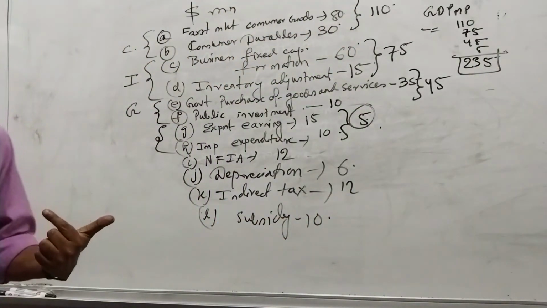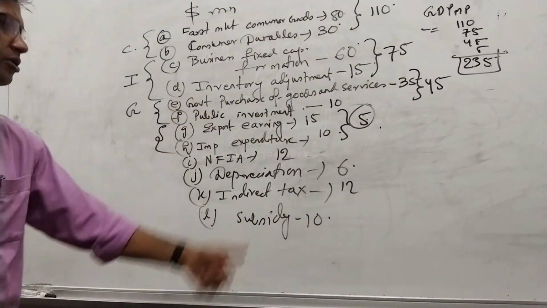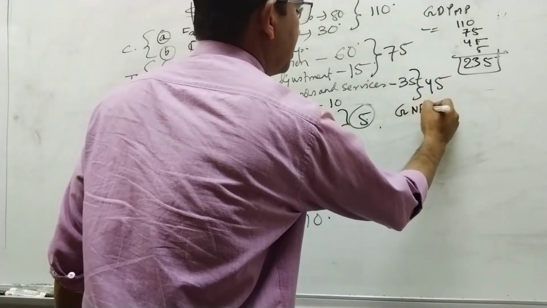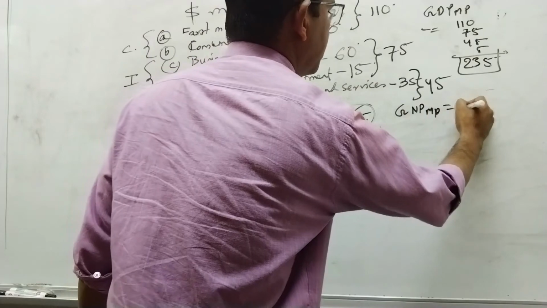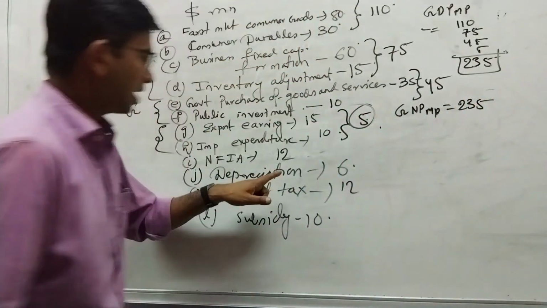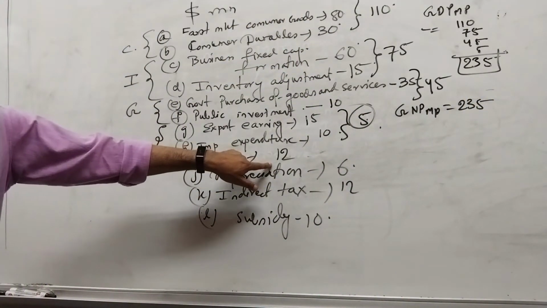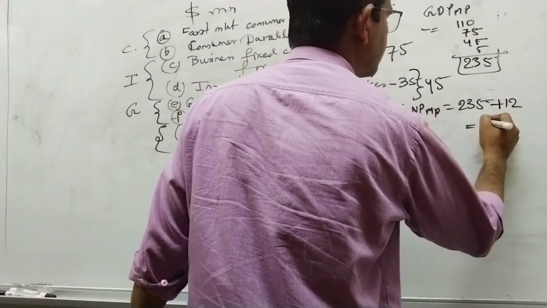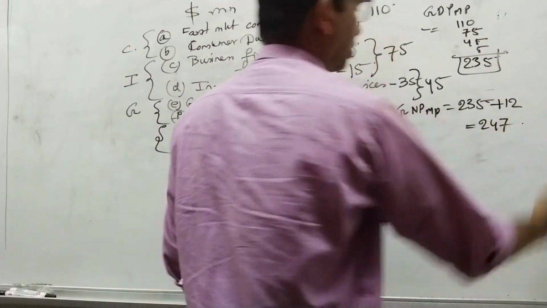Now, what we have to do? We have to convert it into GNPMP. So, GNPMP equals to how much? GDPMP 235 plus net factor income from abroad equals to 12. So, 235 plus 12 equals to $247 million.